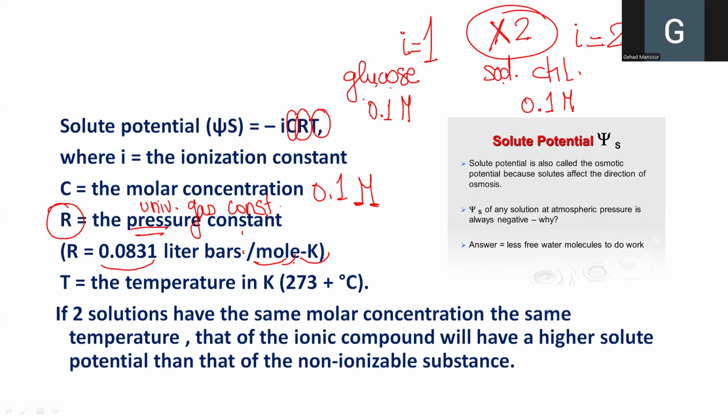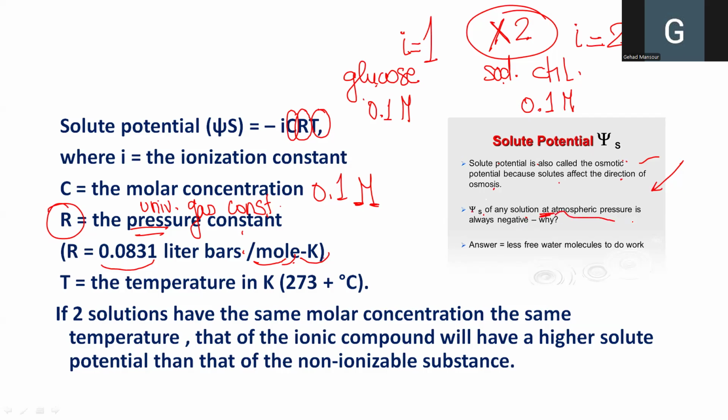Okay? Here, in this window, we say that solute potential is also called the osmotic potential. We explained this before because the solutes affect the direction and the power of osmosis. Psi S, or the solute potential of any solution at atmospheric pressure.